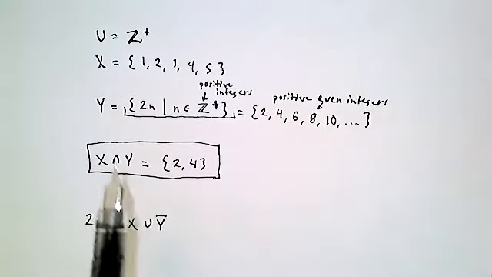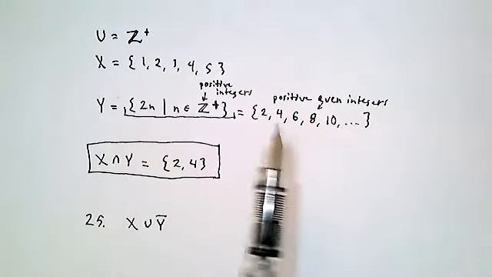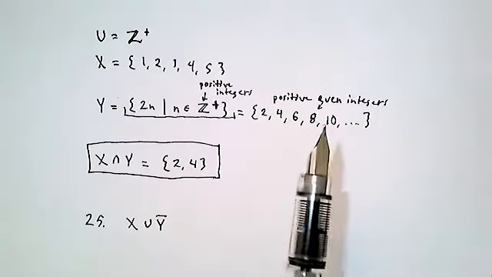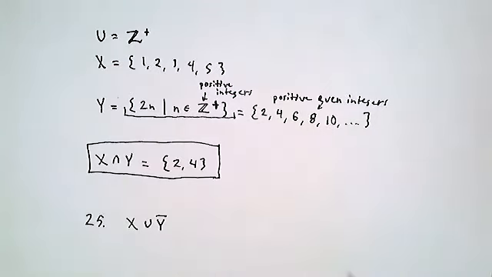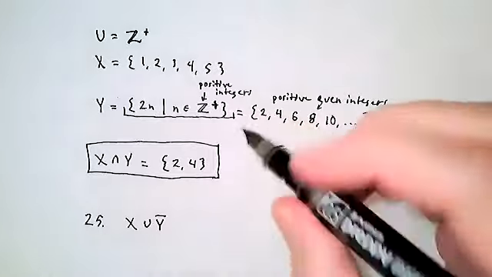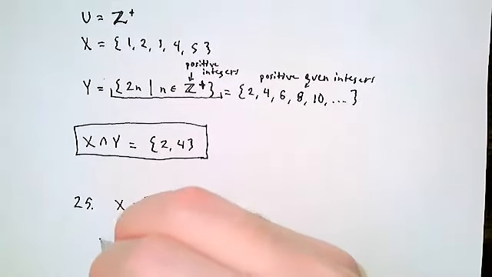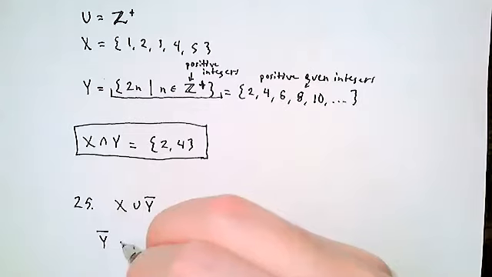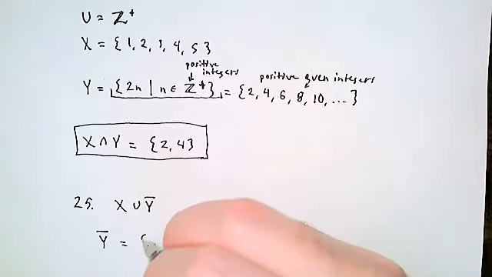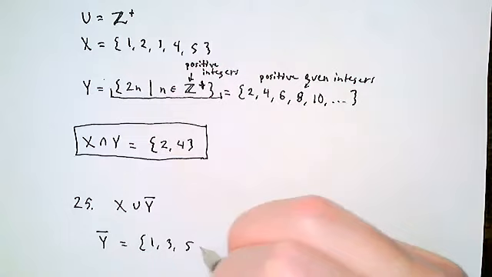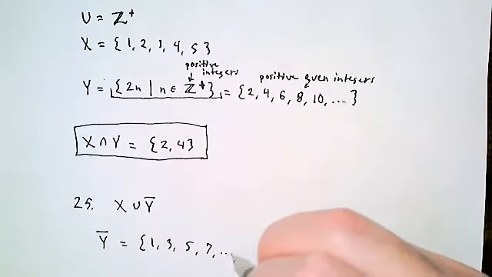So y has all the even positive integers. If you throw all of those out, what's going to be left are just the odd positive integers. So let's write that down here. The complement of y is equal to the odd positive integers, 1, 3, 5, 7, and so on.